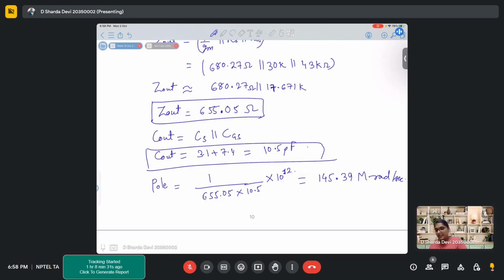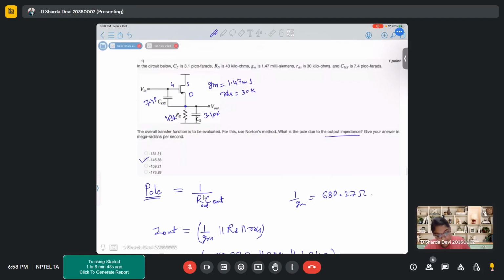The value that we are getting is 145.39 megaradians per second. So this is the value of pole, which is option B.